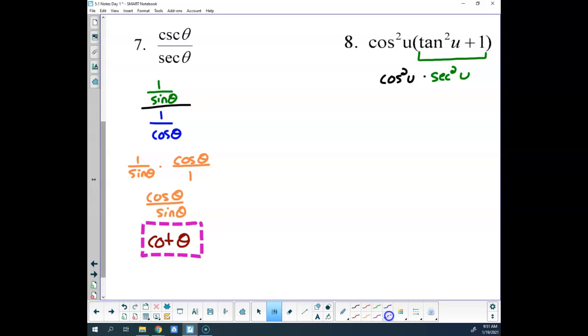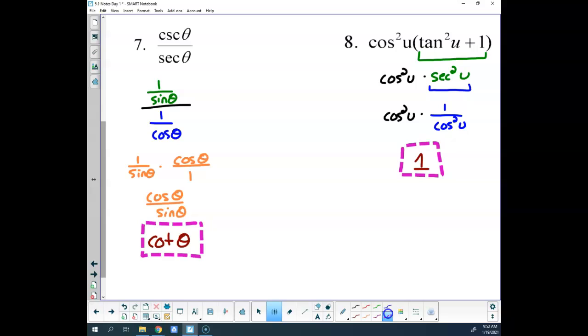Secant squared is 1 over cosine squared. Cosine squared times 1 over cosine squared is 1. Questions, comments, concerns, clarifications on any of those?